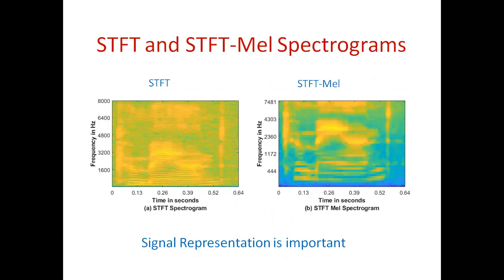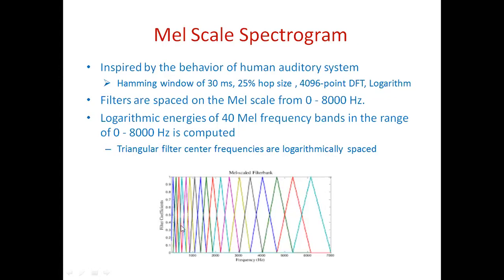Here are the two examples shown. This is the time frequency representation obtained using the STFT spectrogram. This is with the STFT MEL scale spectrogram. So in the MEL scale, as I told you, at low frequencies we have a good frequency resolution because the filters are very closely spaced, and poor frequency resolution when we move towards the high frequencies.